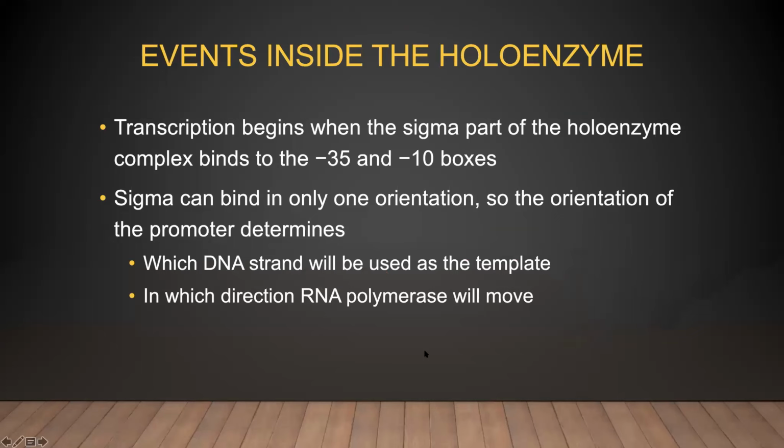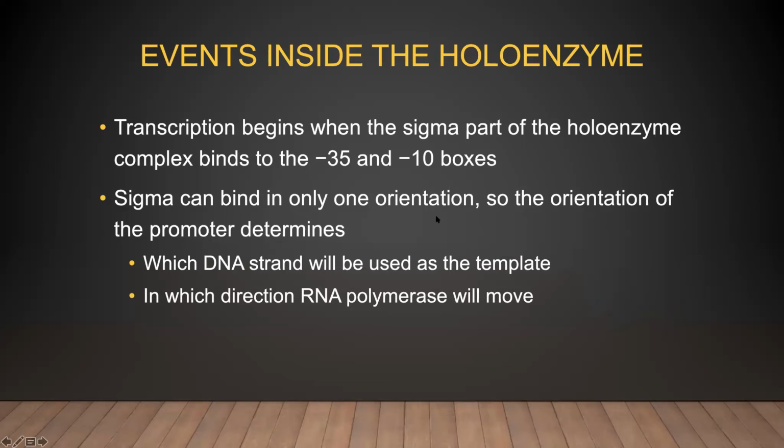All right, so what's going on inside of the holoenzyme? Again, the holoenzyme includes sigma and the RNA polymerase. It's positioned around that -35 and -10 box that we just looked at. And that sigma, again, can only bind in one direction.